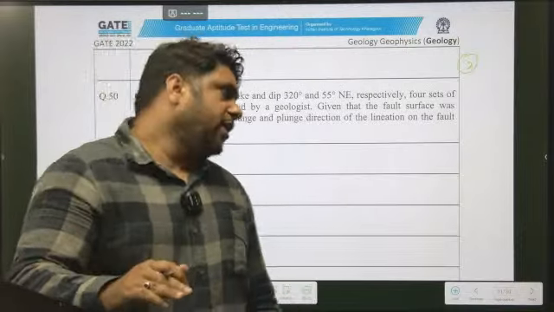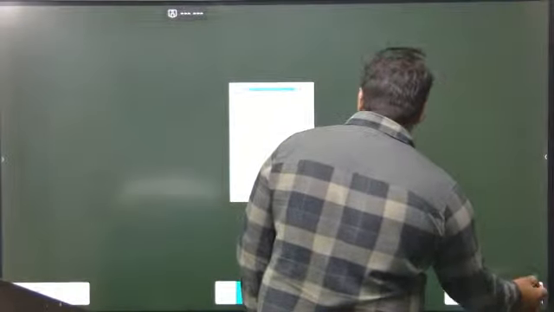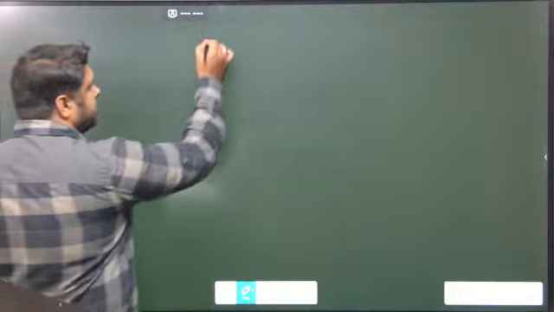Here at KP classes, the approach we are going to take is like this. Structural geology is basically divided into two parts.